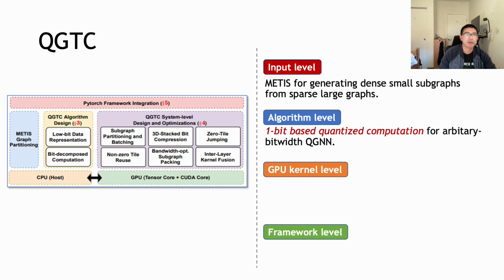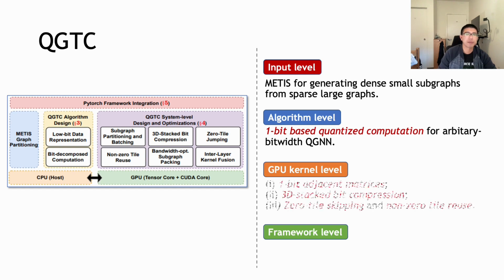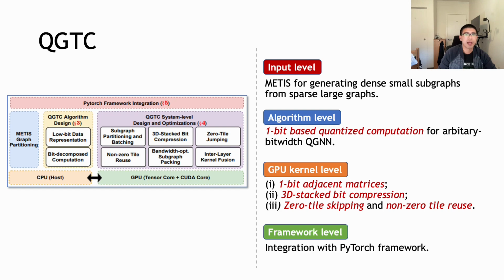At the algorithm level, we leverage 1-bit based quantized computation for arbitrary bit width quantized GNN computation. At the kernel level, we introduced our 1-bit adjacency matrix and 3D stacked bit compression, zero-tile skipping, and non-zero-tile reuse. And finally, we integrate our design with the PyTorch framework.